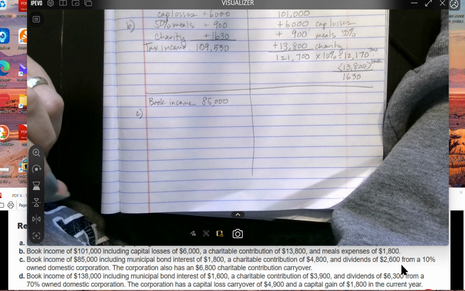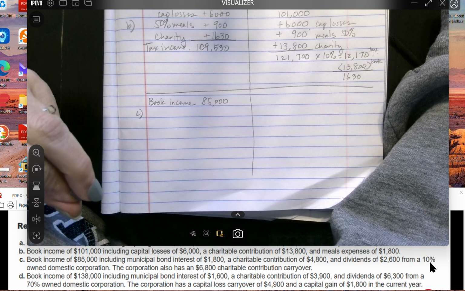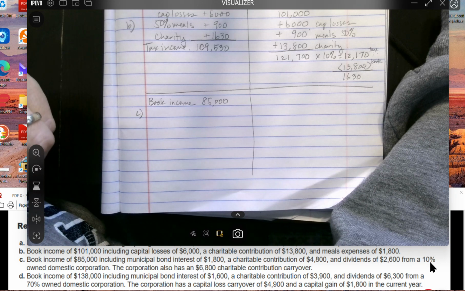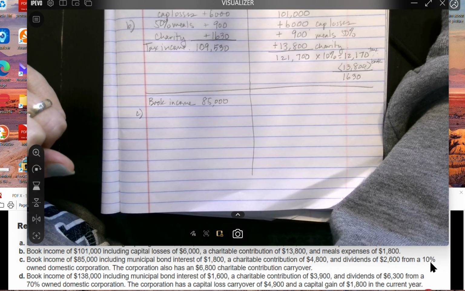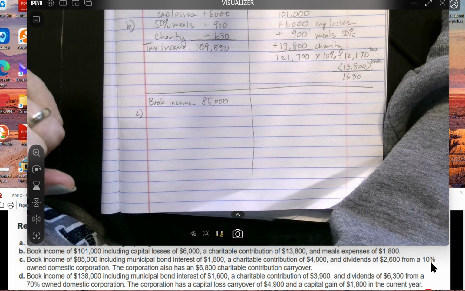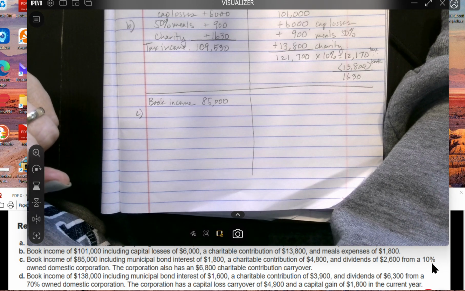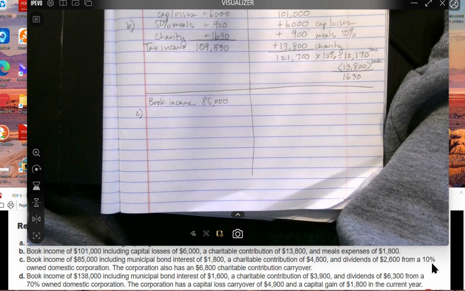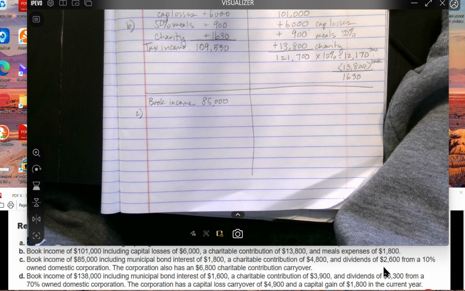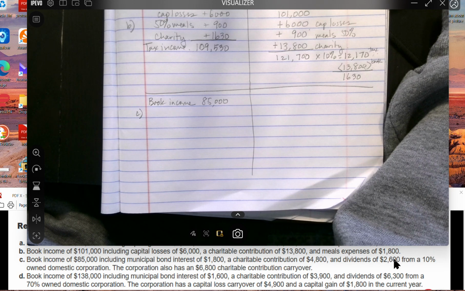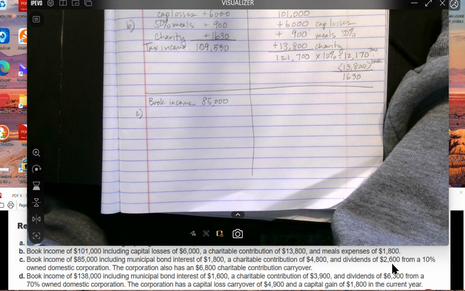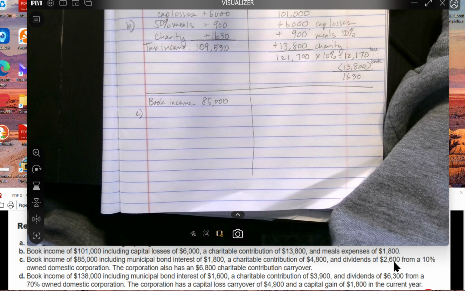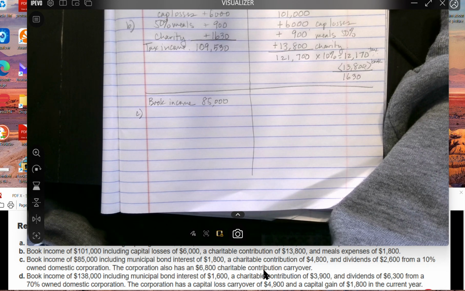We have dividends of $2,600 from a 10% owned domestic corporation. So remember that they're going to have the dividends received deduction. If they own 10% of it, that means they're going to get a 50% deduction. So 50% of those dividends, they're paying tax on $2,600, but they're going to turn around and get a deduction then of $1,300. So in effect, they're only going to pay tax on $1,300 of that.